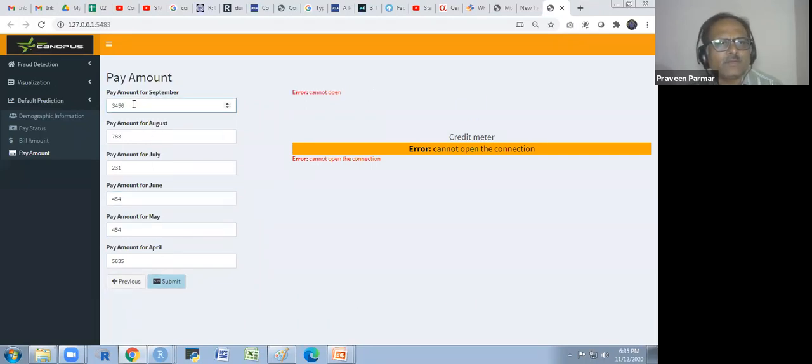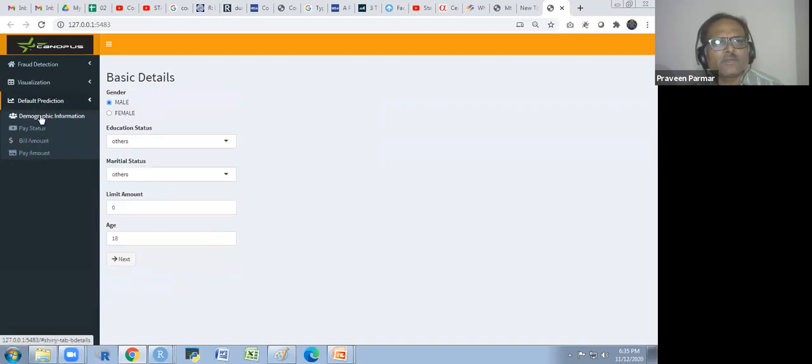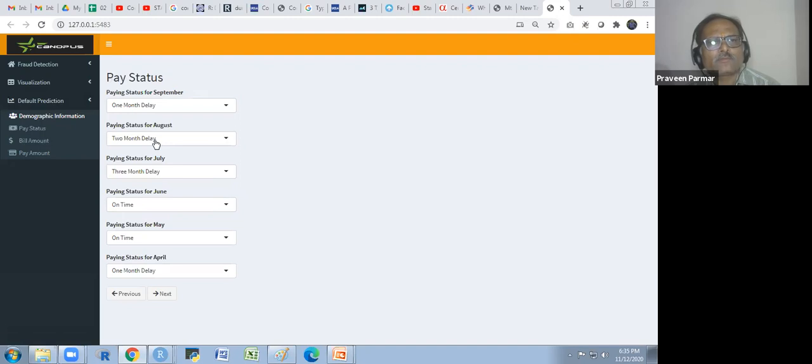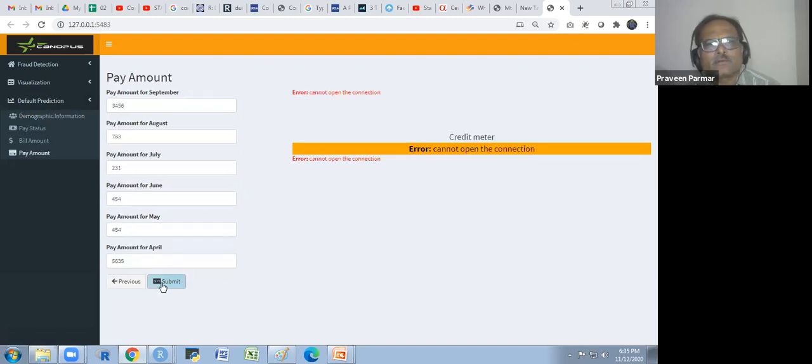It is compulsory to put the right figures for the demographic information: graduate, others, limit, we could write 1 lakh, age, next. Now it's not working. I will see where in the code I have made some problem.